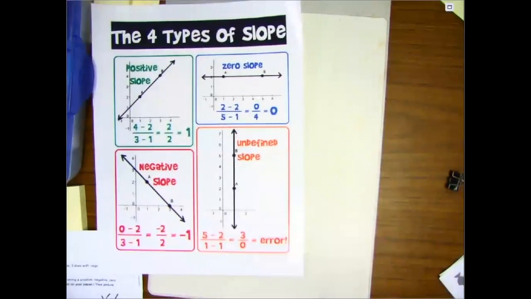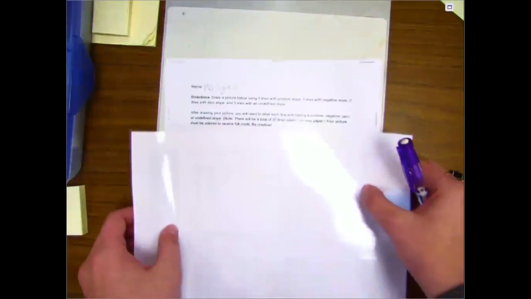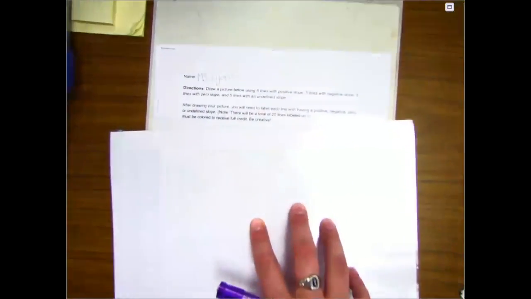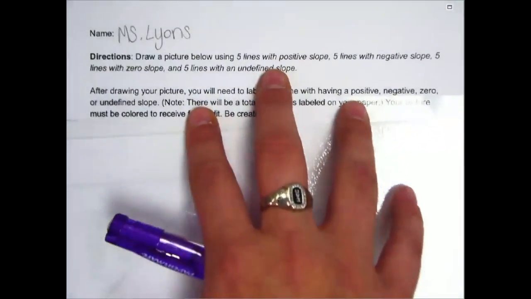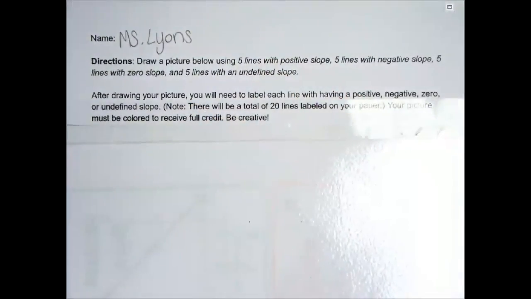So, your 4 types of slope, right? Positive, negative, 0, and undefined. You're going to have to represent all types of slope in an art form. So your project. How long do we have for the project? I haven't even explained what the project is.